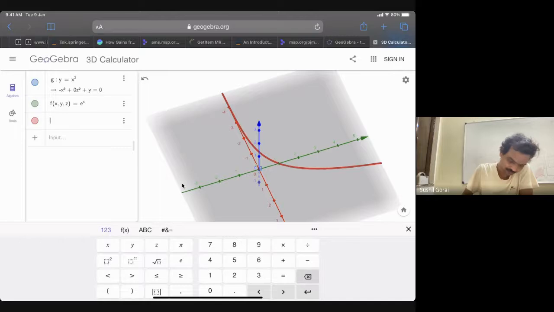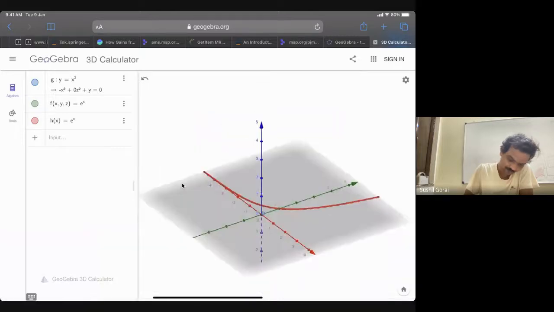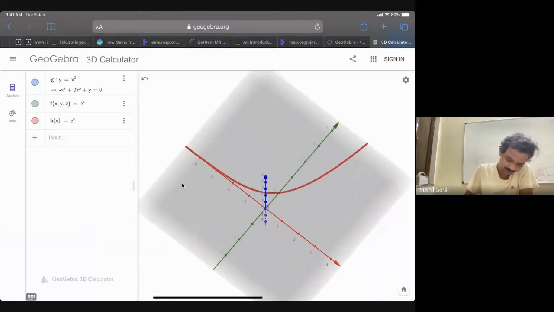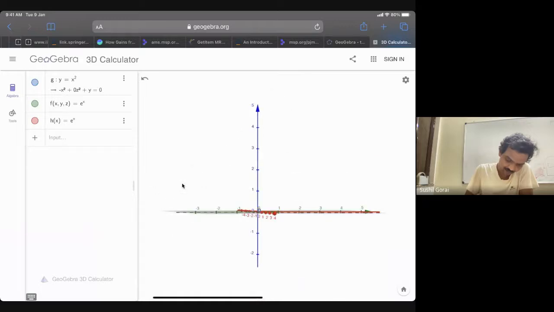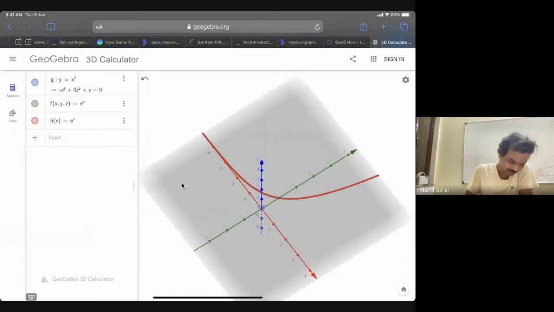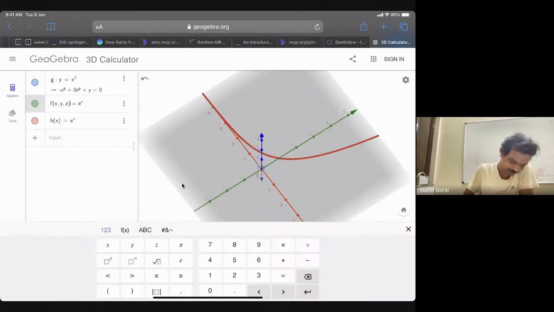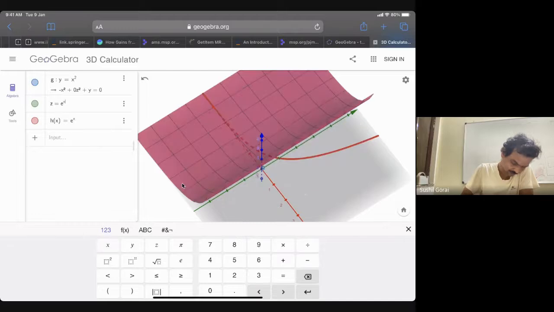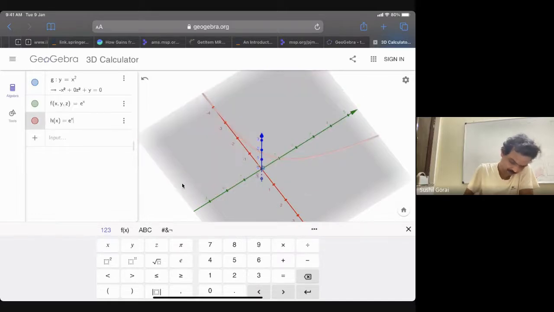And this, it gives the same thing, is it? Oh no, I made a mistake. So z equal to e power x. This one, let me erase this.